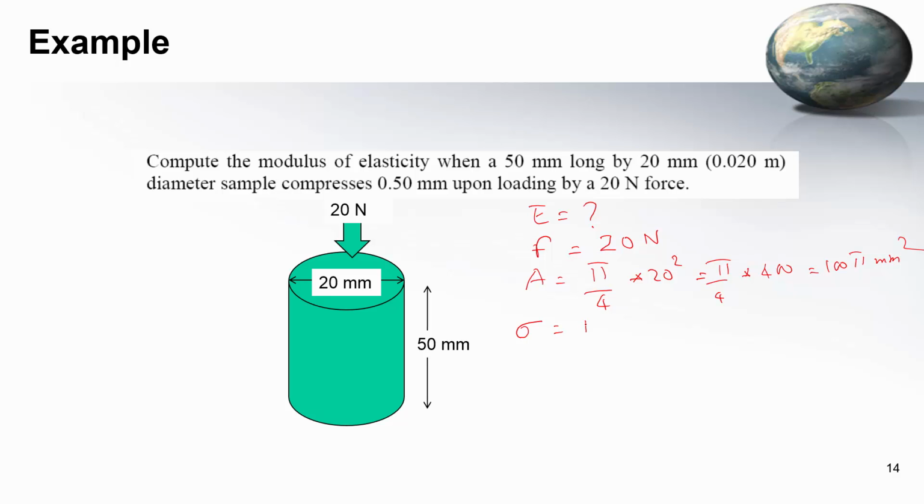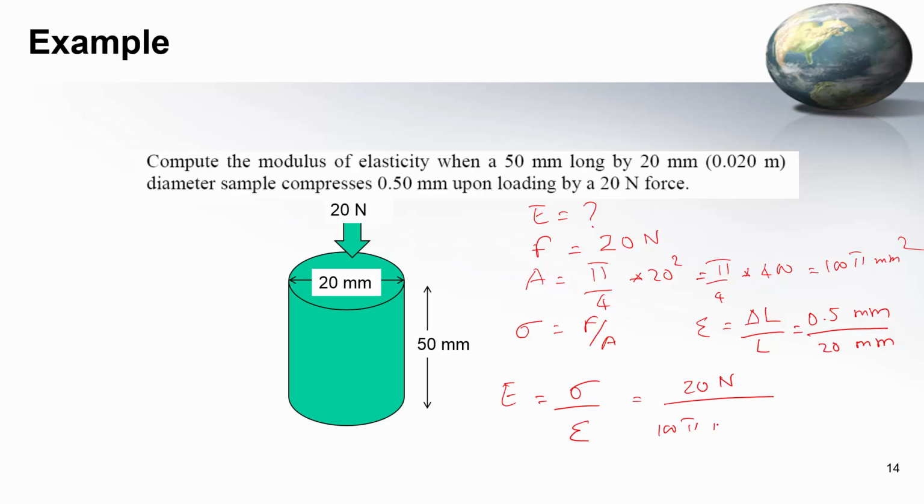The stress is force per unit area, and the strain is delta L by L. Delta L by L is 0.5 millimeters divided by 20 millimeters, and the Young's modulus is stress over strain, which is 20 newton divided by 100 pi millimeter squared, divided by 0.5 millimeter by 20 millimeters.